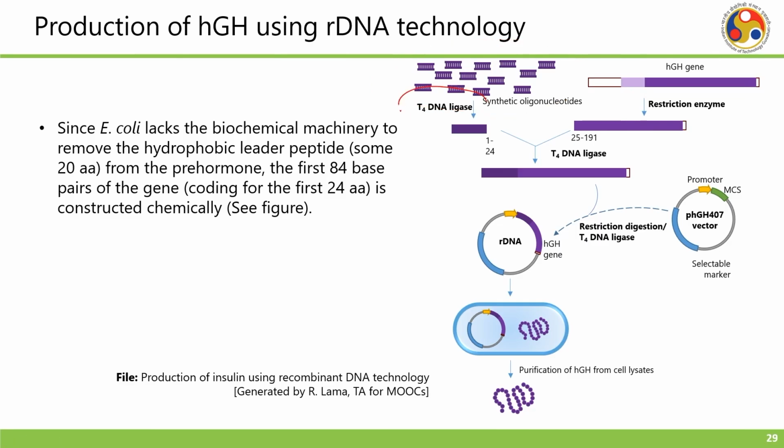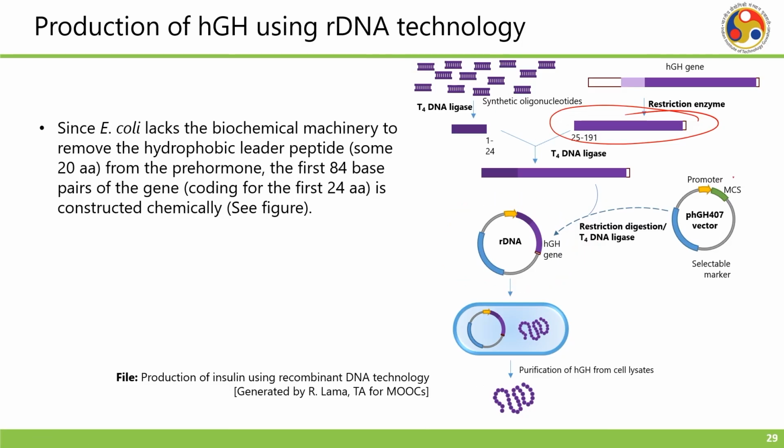So, we use T4 DNA ligase to ligate this 24 nucleotide residue with this portion of the human growth hormone, and then these are put into a vector, as in the case of insulin.